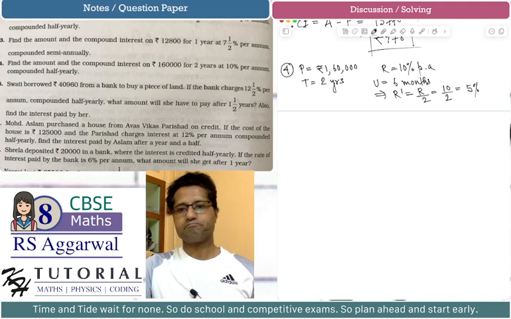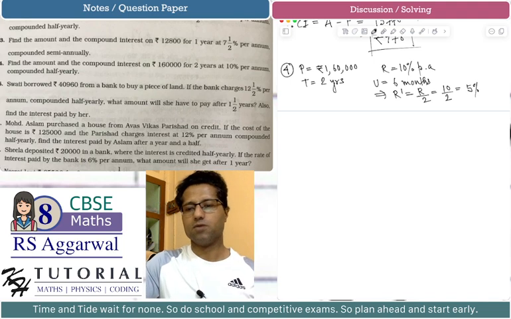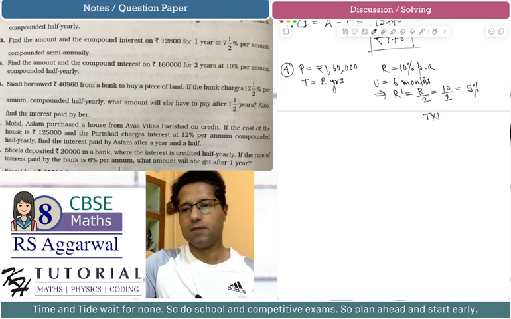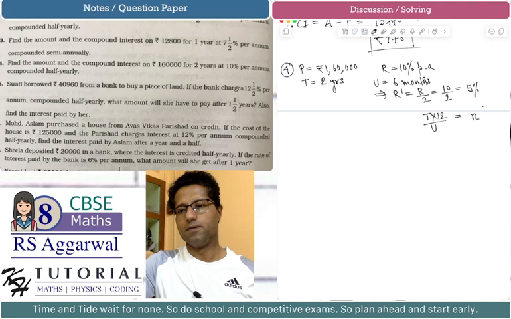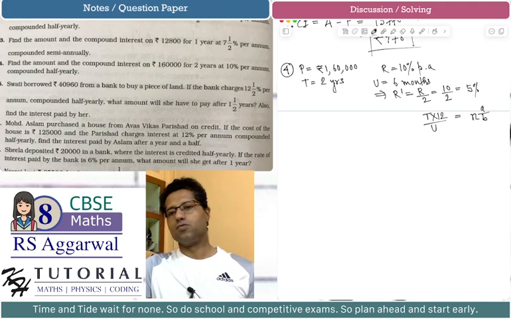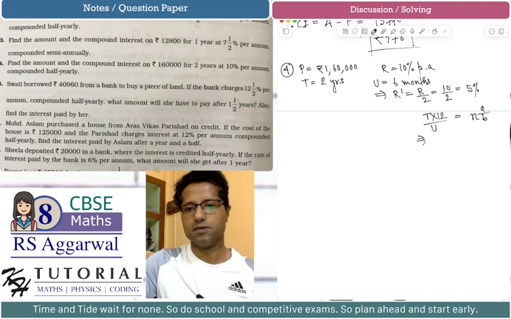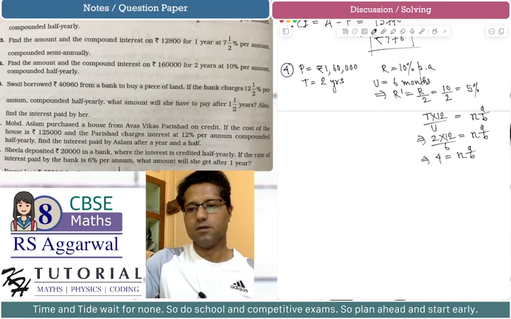Now we need to find the small n and the fraction A by B. So T multiplied by 12 divided by U, we express this value as the mixed fraction N and A by B. T is 2 years multiplied by 2, U is 6, so this equals 4, which is N A by B. So N is equal to 4 and the fraction A by B is equal to 0.